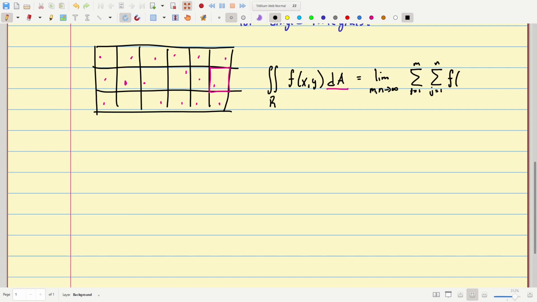The i's are basically the rows, and the j's are the columns. That's how you can think of them in the grid. And so we have the ijth sample point for x and for y being where we evaluate the function. And delta A is the area of one of these little grid squares. Make sense?